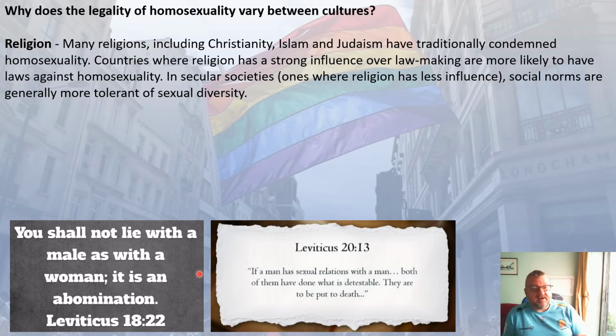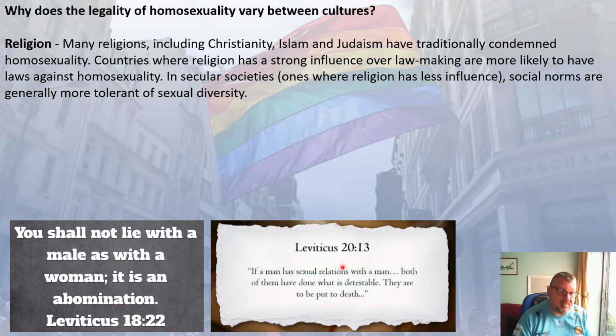So fundamentalist religious believers will often use this quote to show that homosexuality is wrong. What's quite interesting is that some scholars actually believe that there is a mistranslation of this word male here, and actually it should be translated: "You shall not lie with a young boy as with a woman." So actually it's condemning child abuse and not homosexuality.